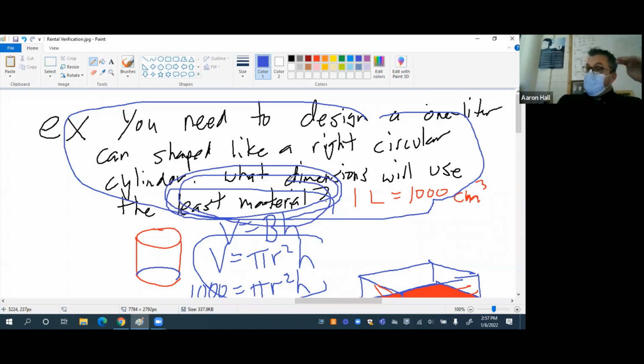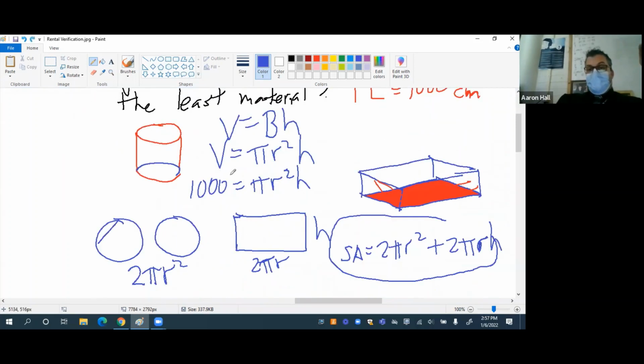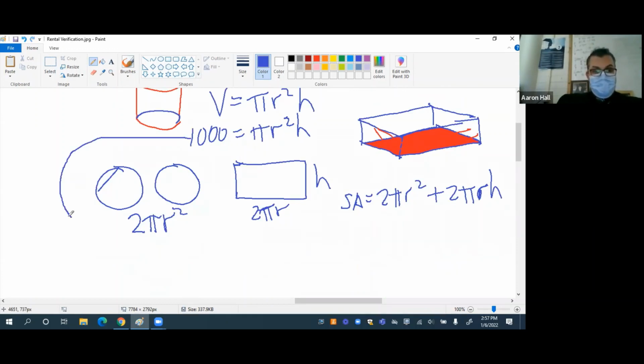I'm looking for the minimum for the material, not the volume. So I'm going to be taking the derivative of this, which means I need to solve for h in which equation? For the volume. So for the volume, I'm going to solve for h.